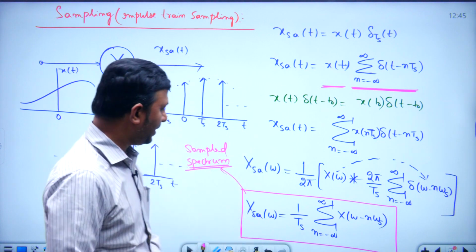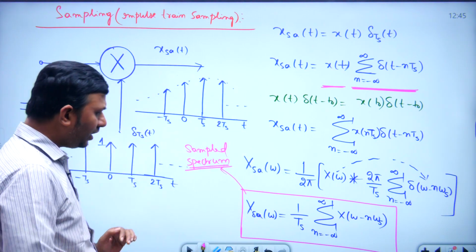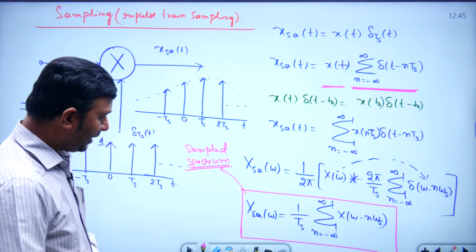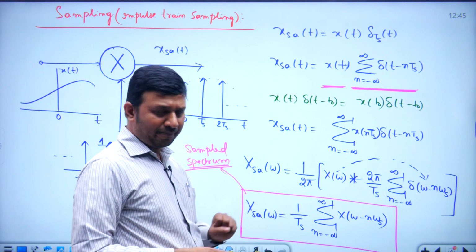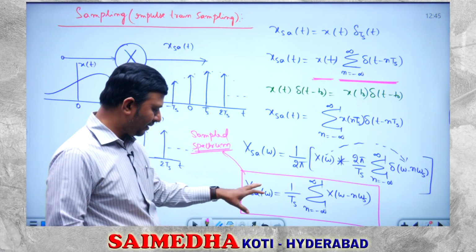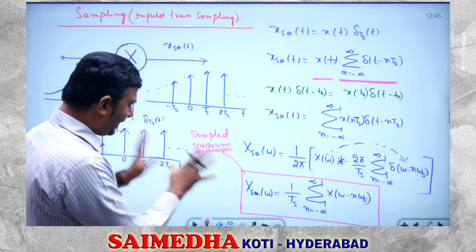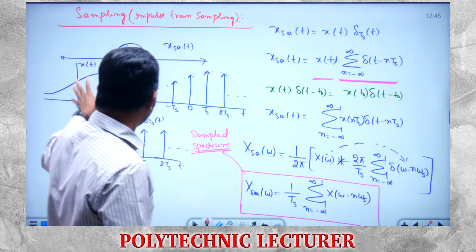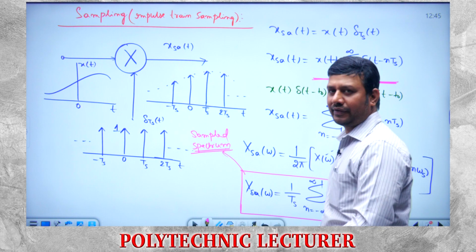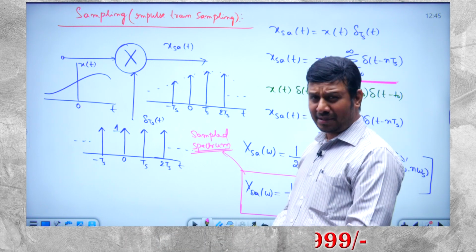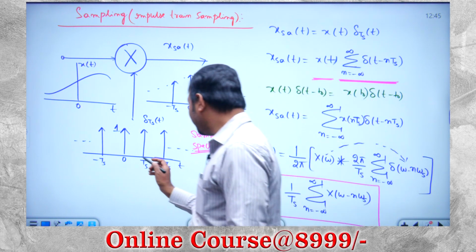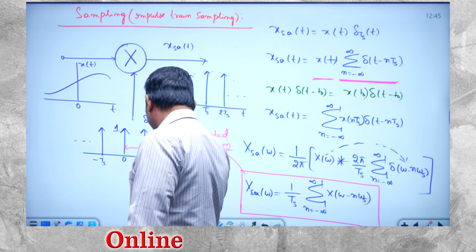Very important. Now if you observe the overall sampling process after getting the sampled spectrum, what is the variable in the sampling process? The distance between adjacent samples, Ts, is the variable.